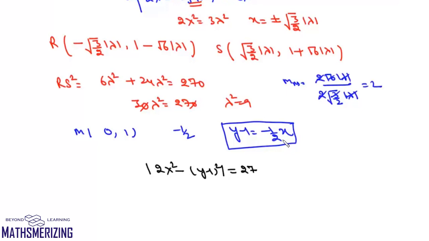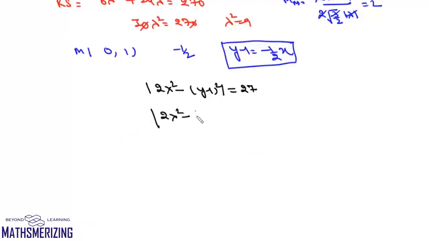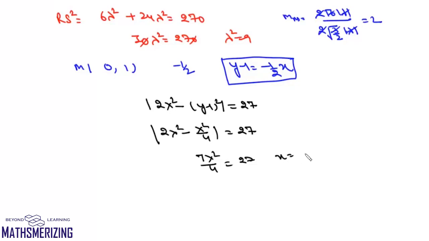Now we put y − 1 as −x/2, so it will be x²/4: 2x² − x²/4 = 27. So we'll get 8 − 1 = 7, so there will be 7x²/4 = 27. So we get the value of x as ± 6√3/7.